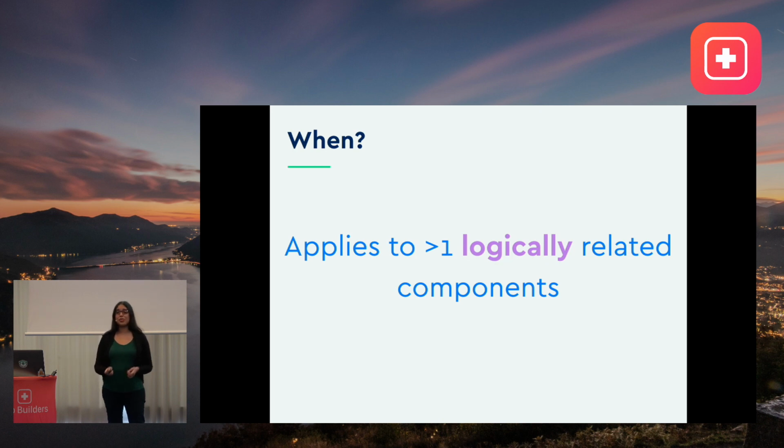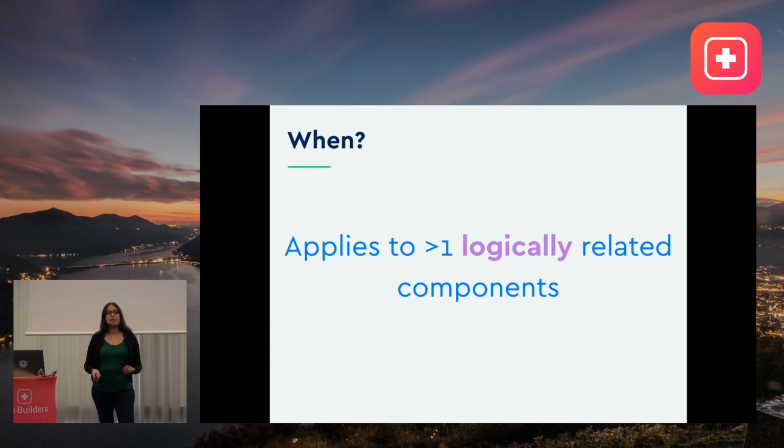And unless that's exactly what you want, even though they have the same values for the same attributes, you probably don't want to apply the same style to both of them. You want to limit unintended side effects. So it's perfectly fine to have multiple styles with the same values for the same attributes, but they are applied to different views and different logically related components.